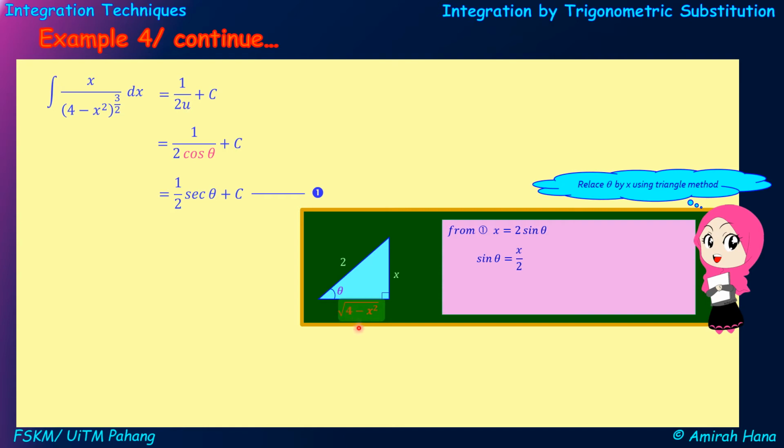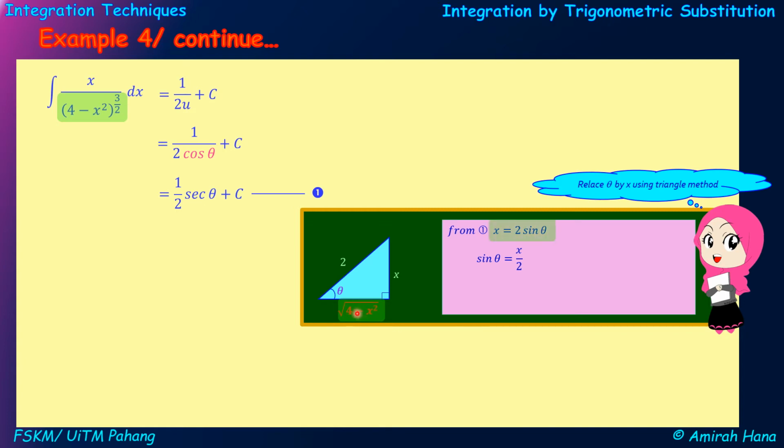When we compare with the given question here, since (4 minus x squared) to the power of 3 over 2 is equivalent to the square root of (4 minus x squared) cubed, it means now we get the same term when we compare with this adjacent.